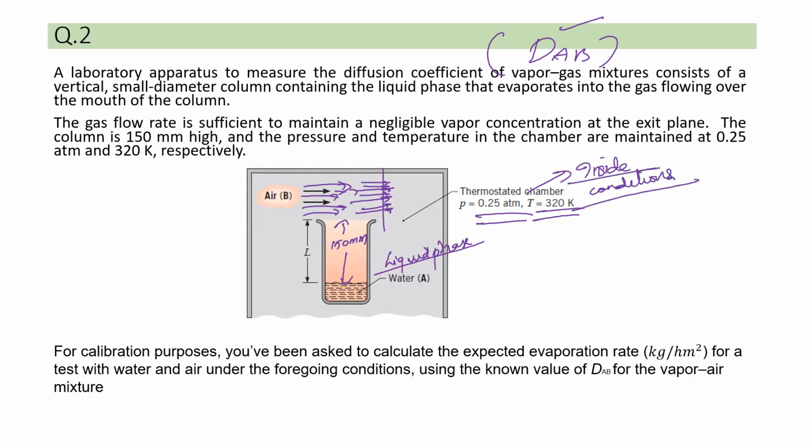For calibration purposes, you have been asked to calculate the expected evaporation rate, in kilogram per hour meter square, for a test with water and air under the foregoing conditions, using the known value of DAB for the vapor air mixture. So let us see how that problem can be solved.